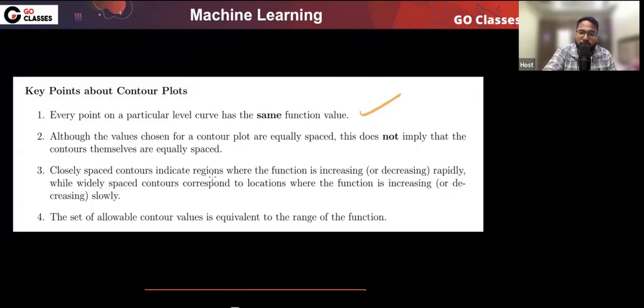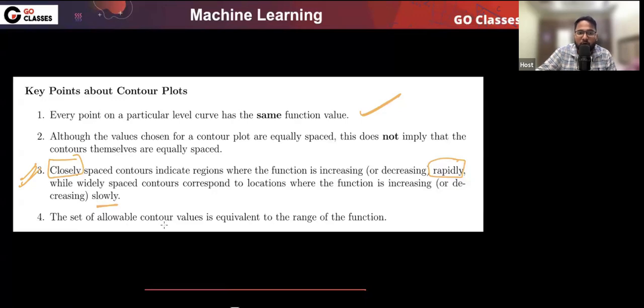Closely spaced contours indicate regions where the function is increasing or decreasing rapidly. Okay, that's very important. While widely spaced contours correspond to locations where the function is increasing or decreasing slowly. If it is closely spaced, then it is basically increasing rapidly.